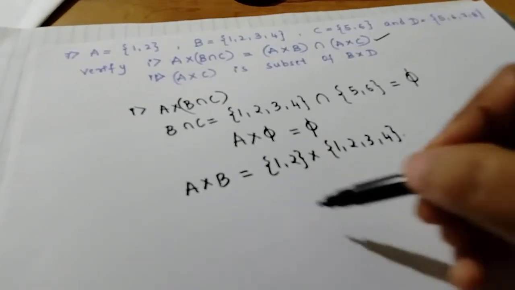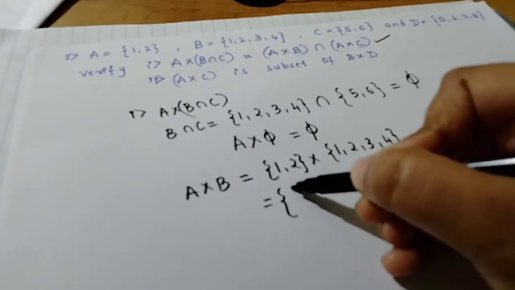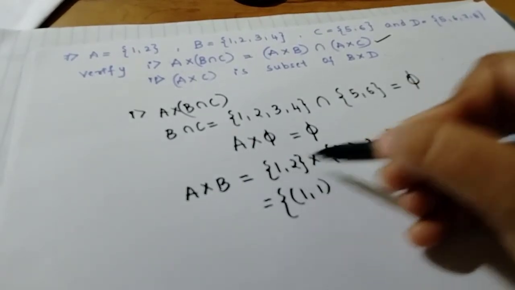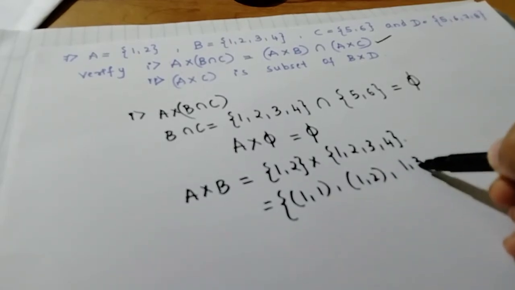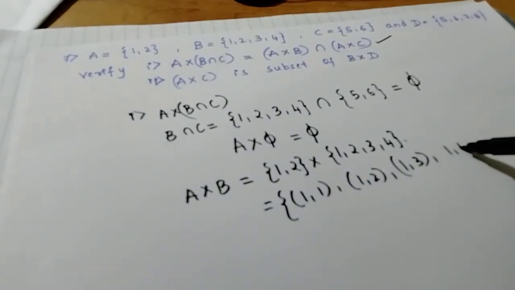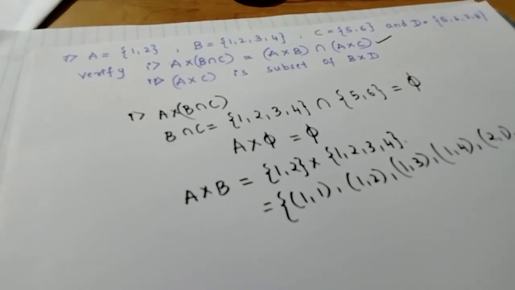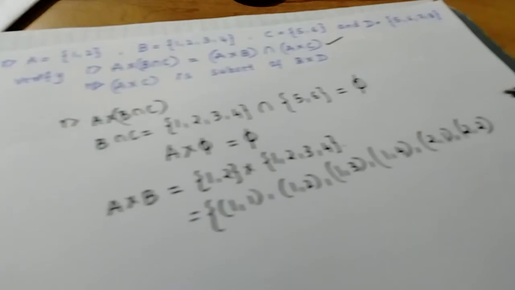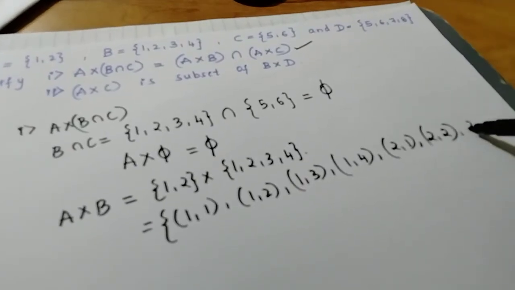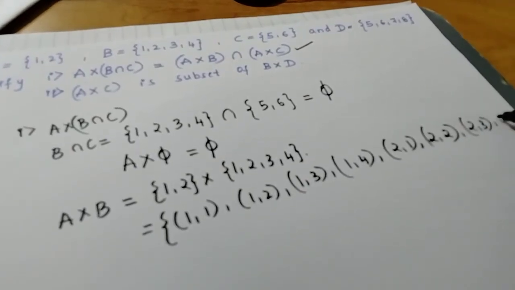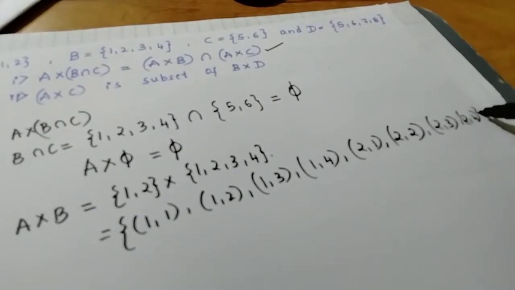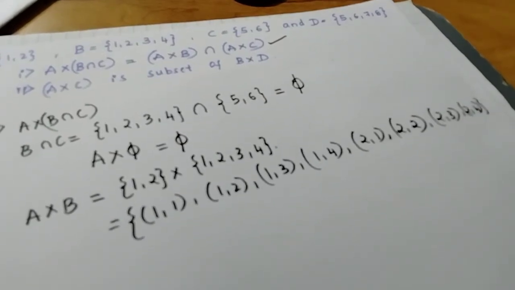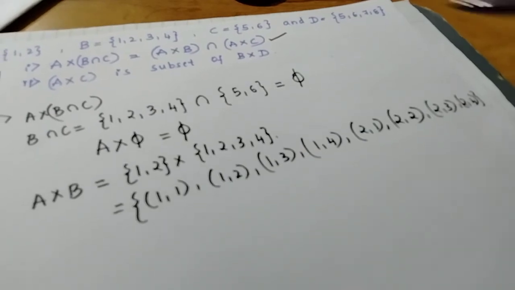So this is equal to (1, 1), (1, 2), (1, 3) and (1, 4). Next (2, 1), (2, 2), (2, 3) and (2, 4). So all the elements I have written. This is A cross B. Next, what do I have to do?